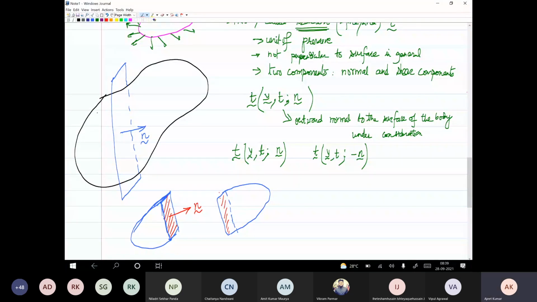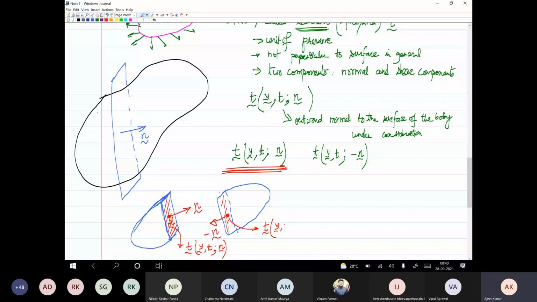So the traction acting on this surface, at any point y, we write as T of y, t, and then outward normal n. Whereas for the corresponding point over here, we should write it as y, t, and then outward normal minus n, isn't it? They are action reaction pairs.